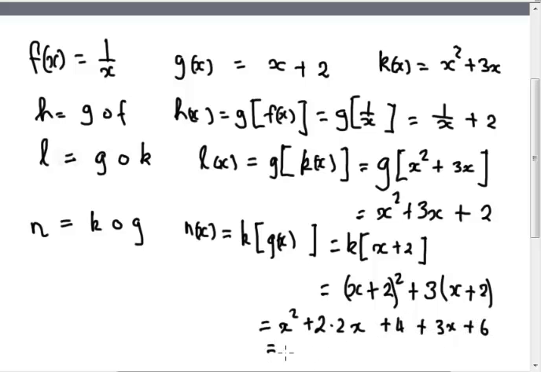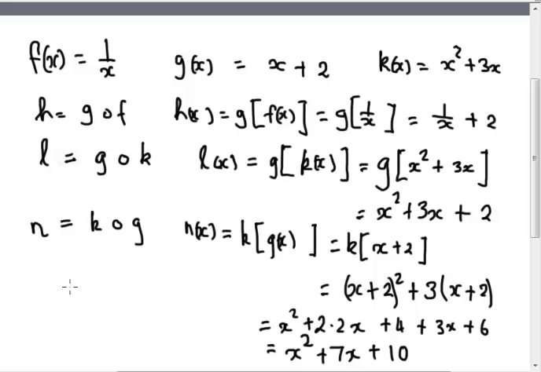Then that gives you x squared plus 7x plus 10. There's something you must notice there. If you change the order of the composition, you get a different function, isn't it?